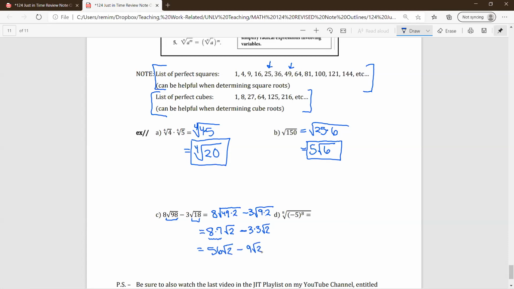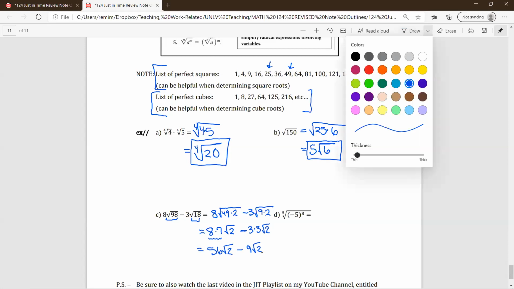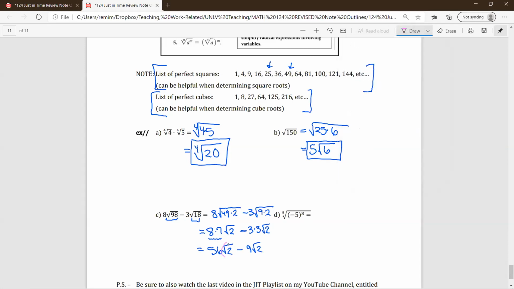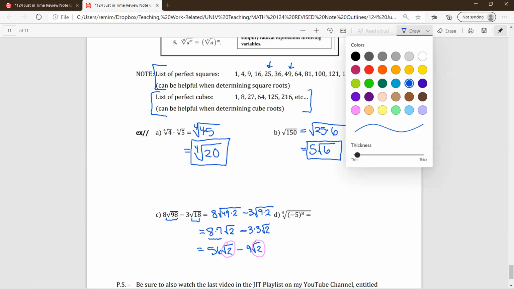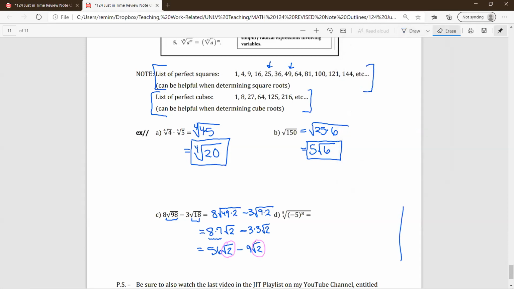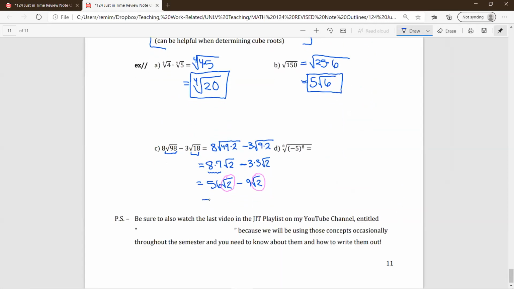And look, these are like terms, because they have the same root part. 56 root 2 minus 9 root 2. So we have 56 minus 9. That's going to give us 47 root 2. 56 root 2's, subtract 9 root 2's, will leave us with 47 root 2's.